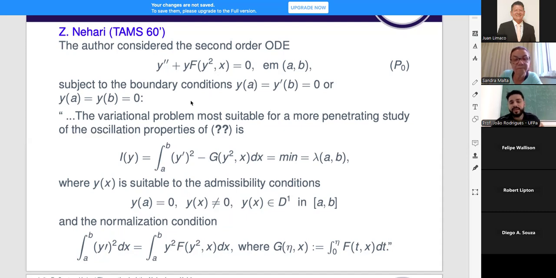And the main idea of the paper of Nehari was, okay, I will associate an energy functional to this equation, but I will consider some specific constraint to this functional. So this constraint was this one, given by this equality in the last line of the slide.